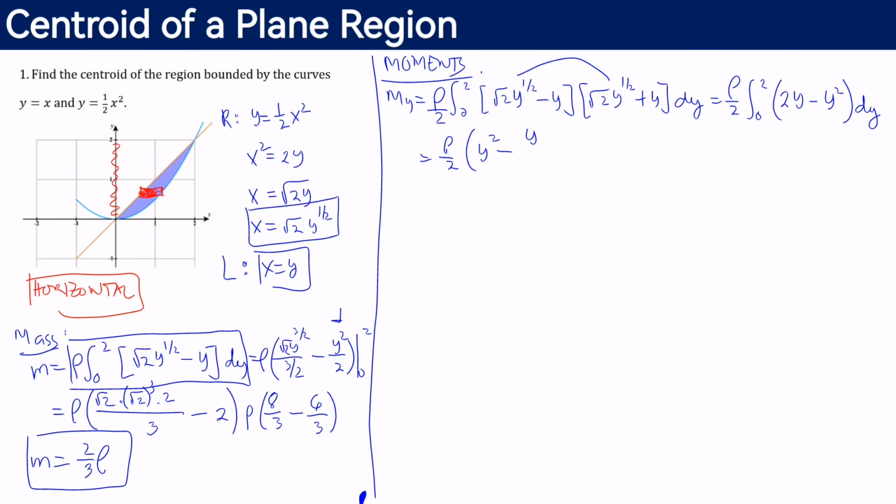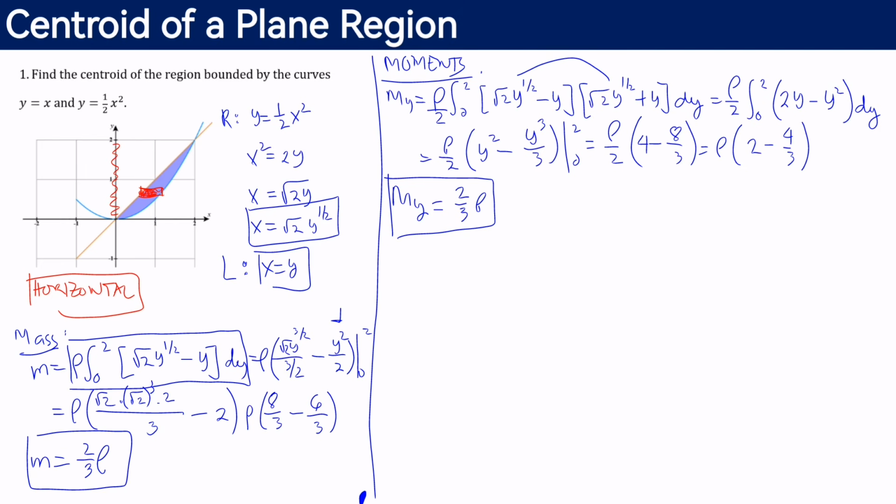The antiderivative of y squared is y cubed over 3, evaluated from 0 to 2. So when y is 2, I have 4 minus 8/3. Multiplying by 1/2, I have rho times 2 minus 4/3. Thus, the moment with respect to y is given by 2/3 rho.